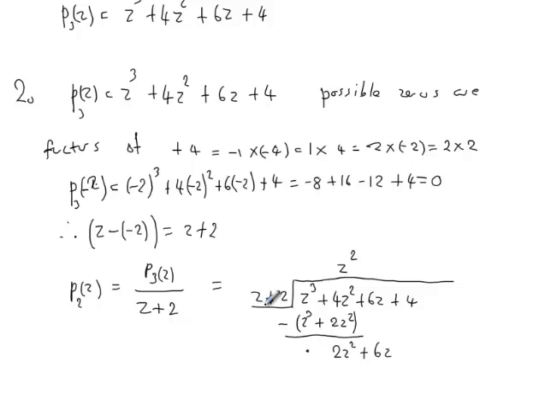So Z dividing this one here, you're going to get plus 2Z. Multiplying, we're going to get 2Z squared plus 4Z. Subtracting this, I get here 2Z. Then I bring my independent term down there.